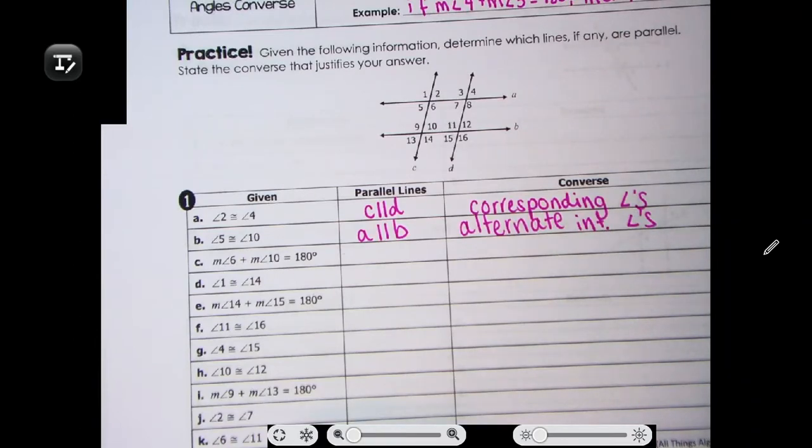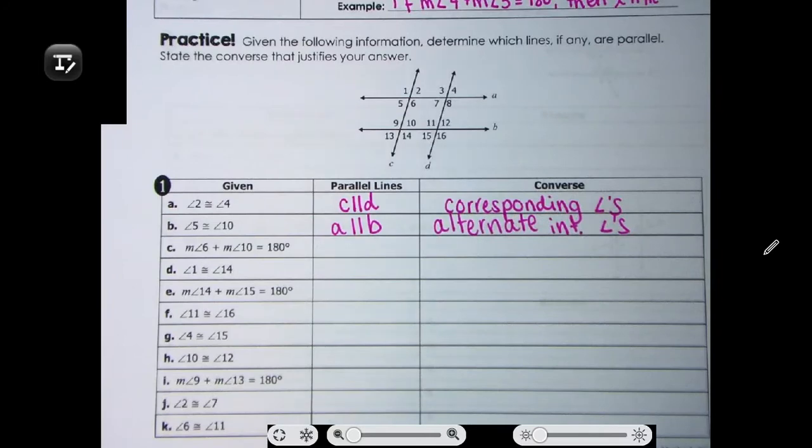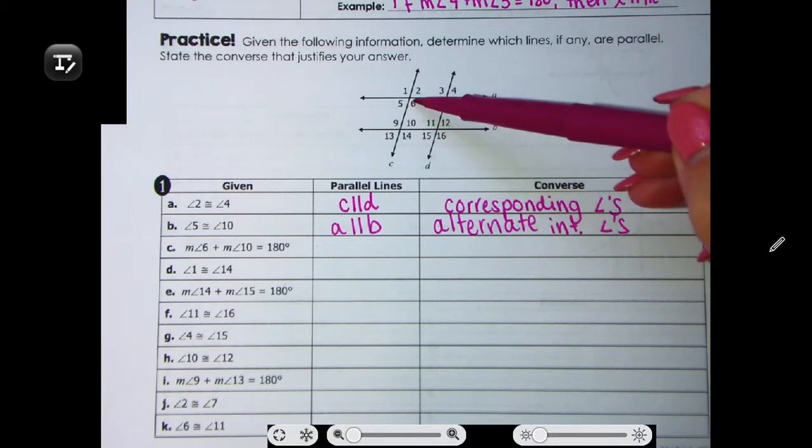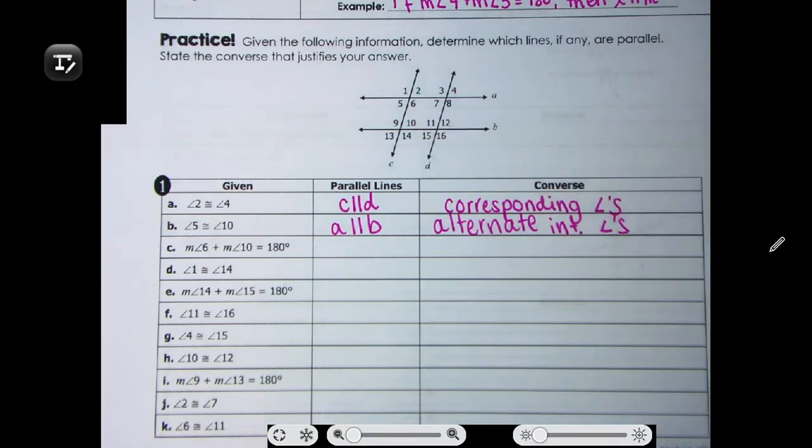Okay. All right. Let's look at C. And then maybe I'll have you try some of these. So C. Angle 6. We're saying 6 plus 10 gives me 180.